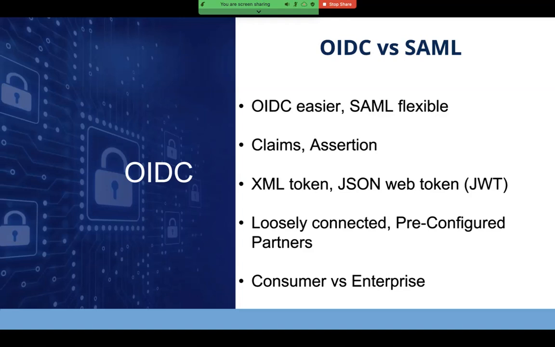So then we get to what's consumer versus enterprise, right? So OIDC is going to be consumer focused. It's going to be your social media. It's going to be your news sites. It's going to be Gmail. It's going to be Office 365. It's going to be your custom built apps. All of those things where I'm not exchanging financial information.